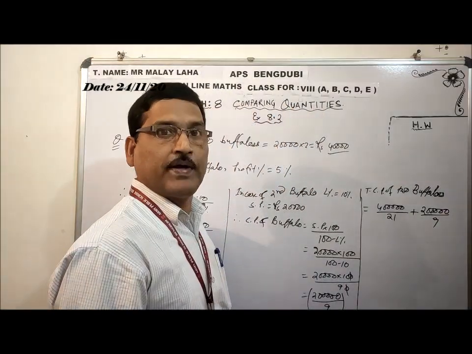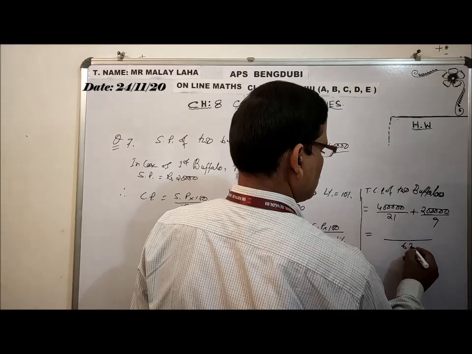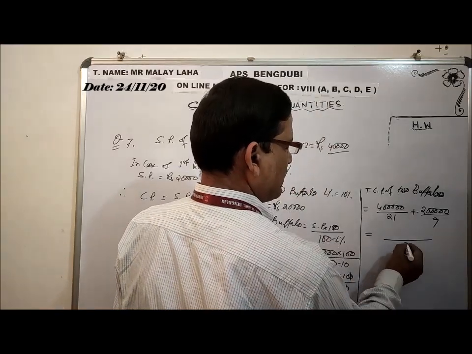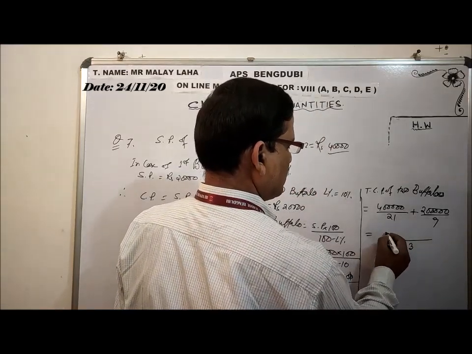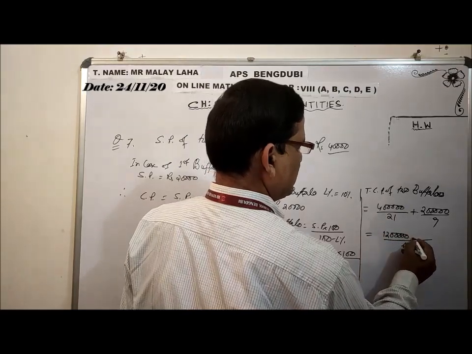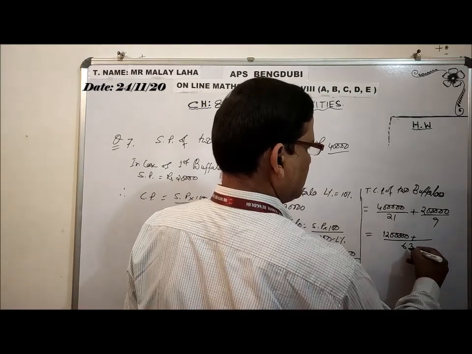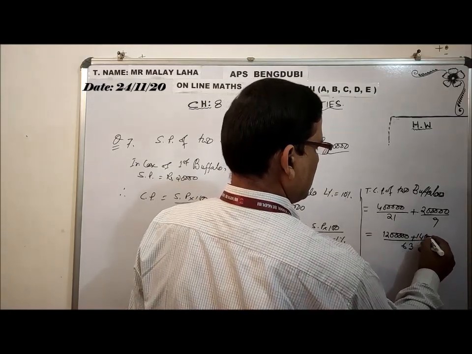You have to perform LCM. The LCM of these equals 63. So divide by 21, 3 4s are 12, 12, and then 1, 2, 3, 4, 5, 0. Plus if you divide by 9, it will be 7, 7 2s are 14, and then 5 0.